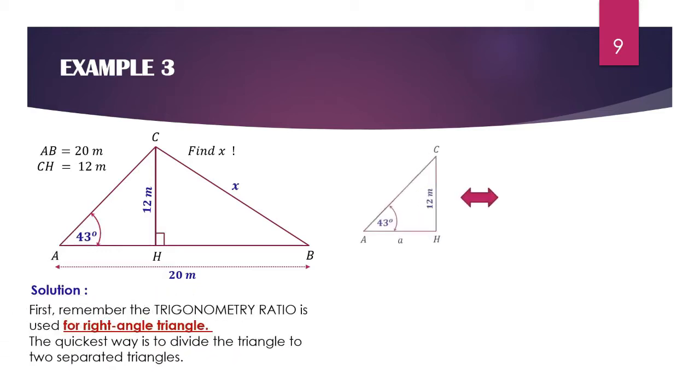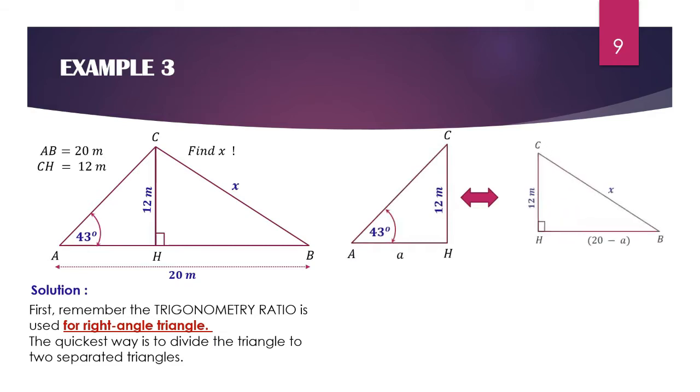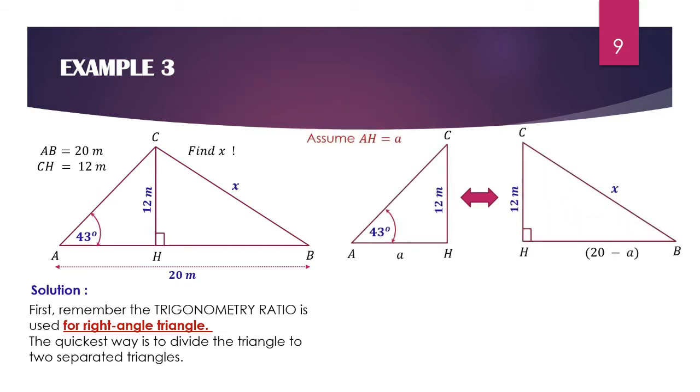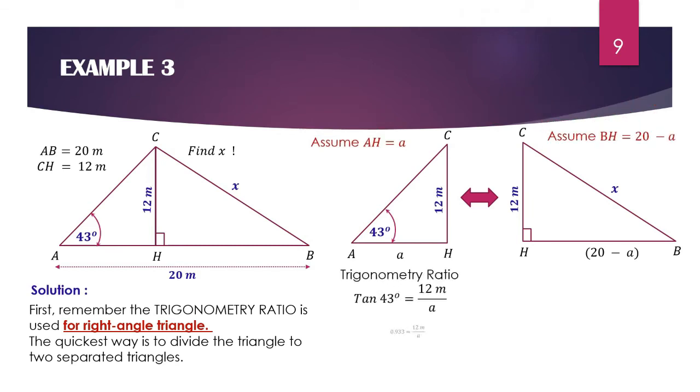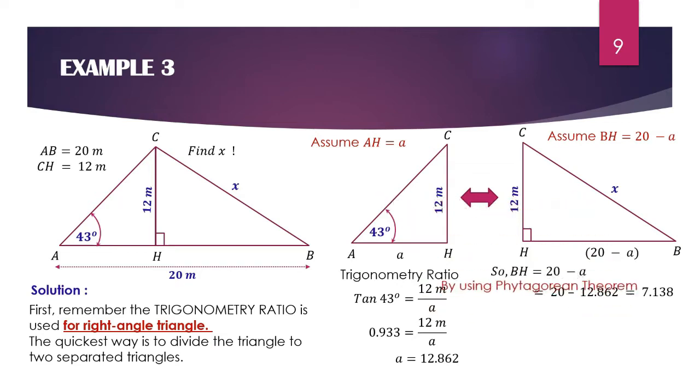Okay, there are two triangles. Assume AH is A and BH is 20 minus A. So trigonometric ratio, tangent 53 is 12 over A, so we got A 12.862. So BH is 20 minus A, which equals 7.138. So by using Pythagorean theorem, X is 13.96 meter.